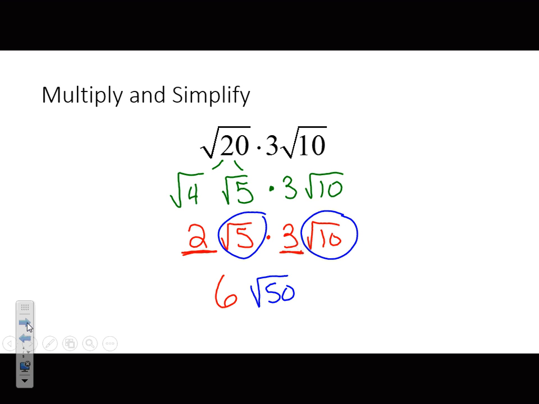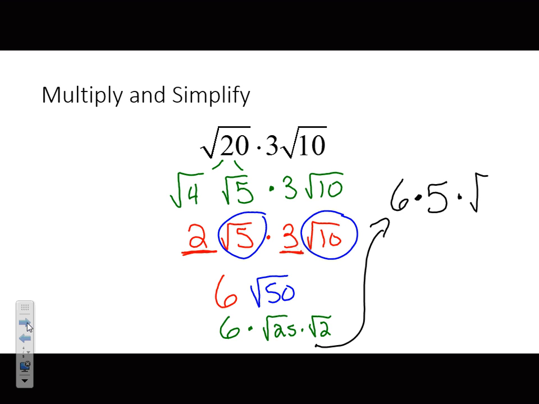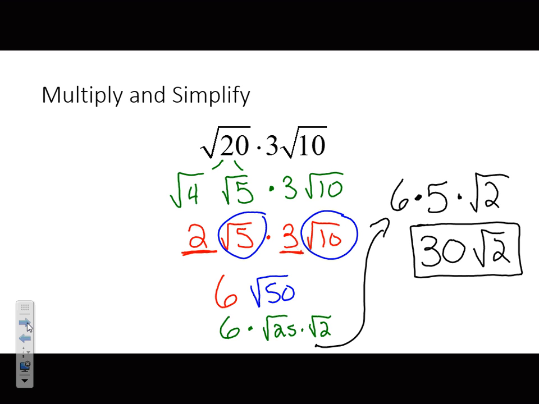Now, if there was no perfect square that can go into 50, I'd be done, but we know that there's a perfect square that goes into 50, so it's going to be 6 times 25 times the square root of 2. 25 is a perfect square, so we're going to rewrite this. 6 times square root of 25 is 5 times the square root of 2. So 6 times 5 is 30. I can't break down the square root of 2, so I'm going to leave it just like this. So I have 30 square roots of 2.